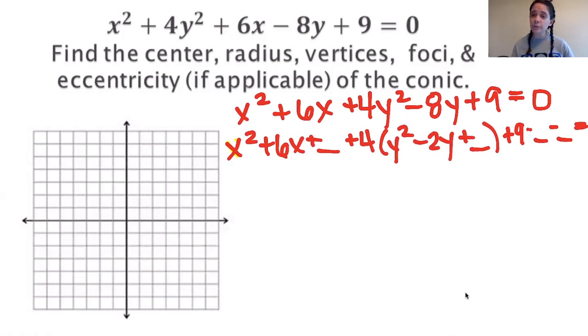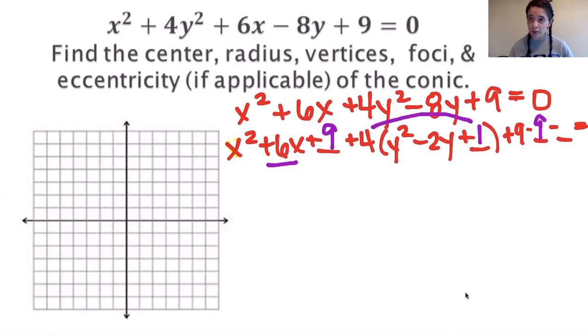So then let's talk about completing the square. We know that b over 2 squared here for 6x would be 9. And we know that b over 2 squared here for negative 2y would be 1. But remember, this 1 is attached to the 4.